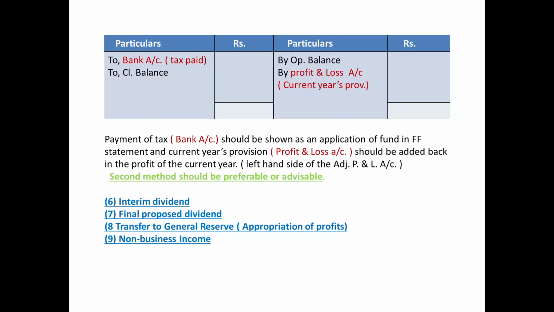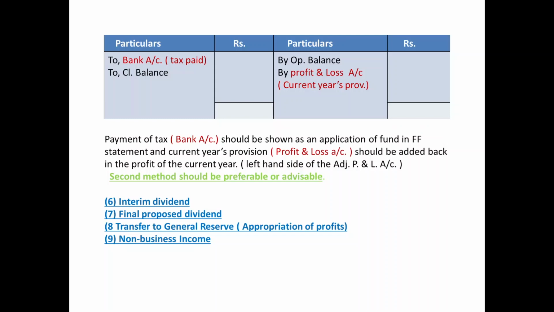Final proposed dividend. In the majority of questions, you have to face this final proposed dividend. It is also a distribution of profit. Two journal entries. Number one, for the proposal in the current year: profit and loss appropriation account debit, proposed final dividend account credit.